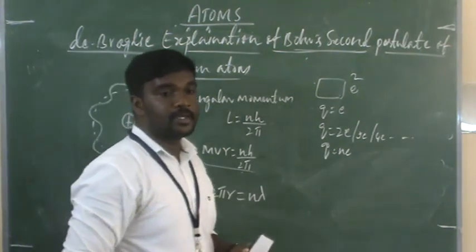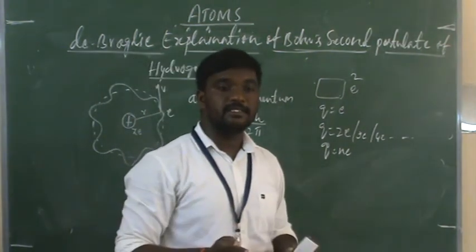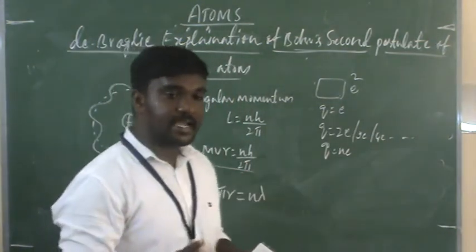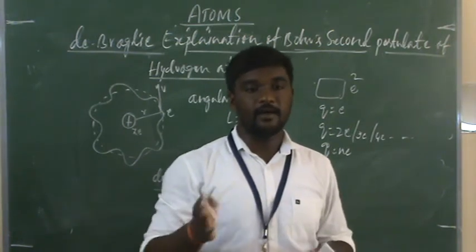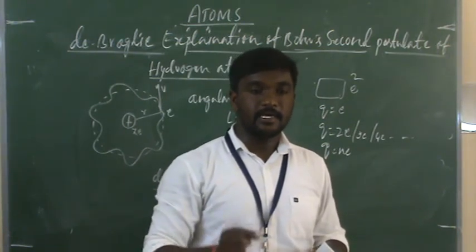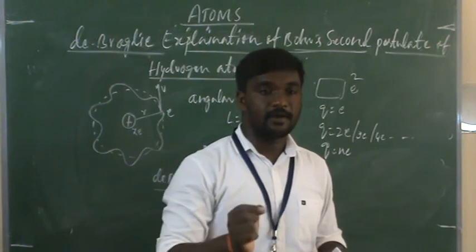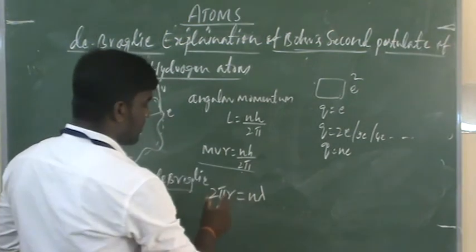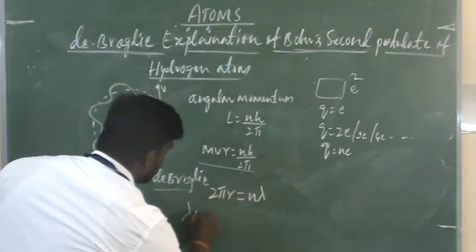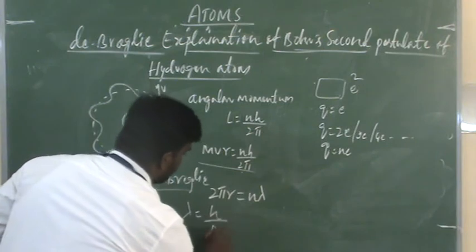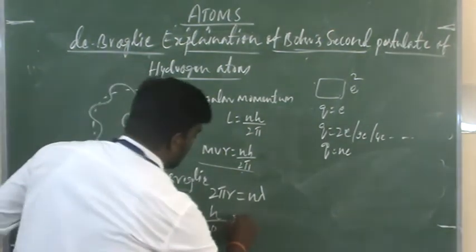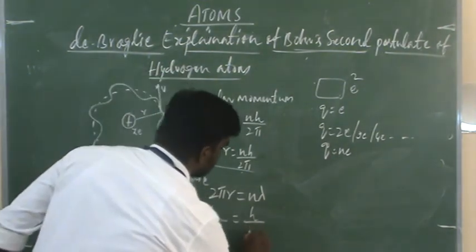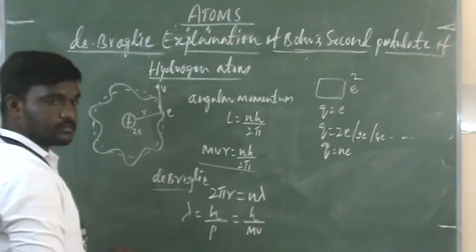But de Broglie said the electron revolves around the nucleus in the form of a wave, so the circumference of the orbit is an integral multiple of de Broglie's wavelength. That means 2 pi r is equal to n lambda, where lambda is equal to h by p. Momentum p is nothing but mv.